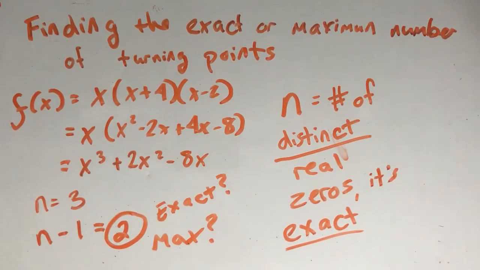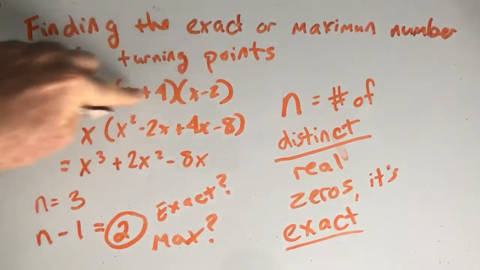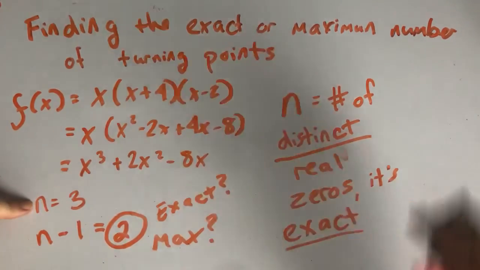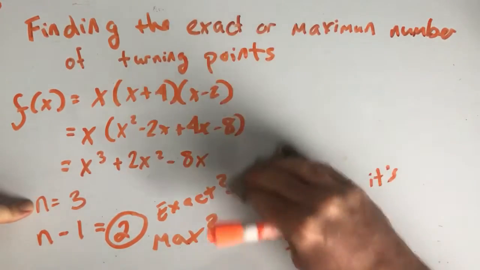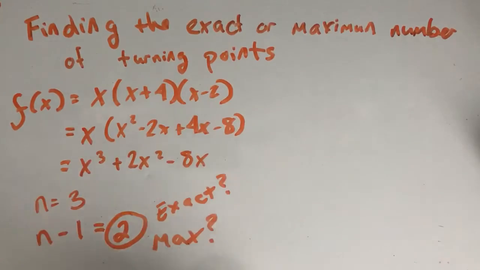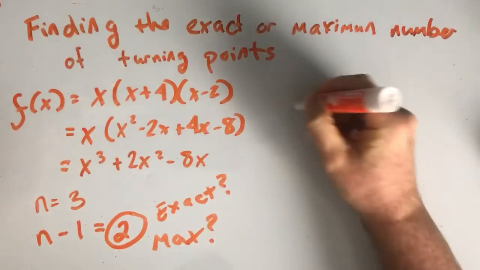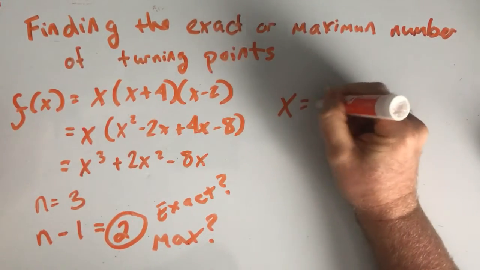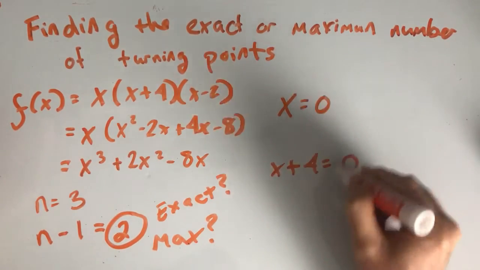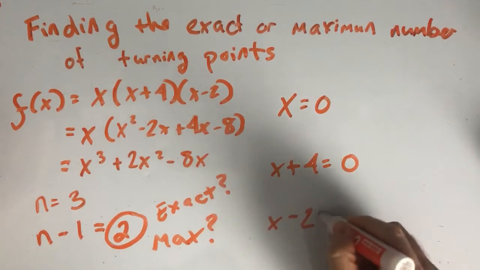So what do I mean by that? I have to look at this original function, okay, and see if there are the same number of zeros. So if n is equal to the number of zeros, which is how many times it crosses the x-axis, right? So I'm going to set each of these pieces equal to 0. x equals 0, x plus 4 equals 0, and x minus 2 equals 0.